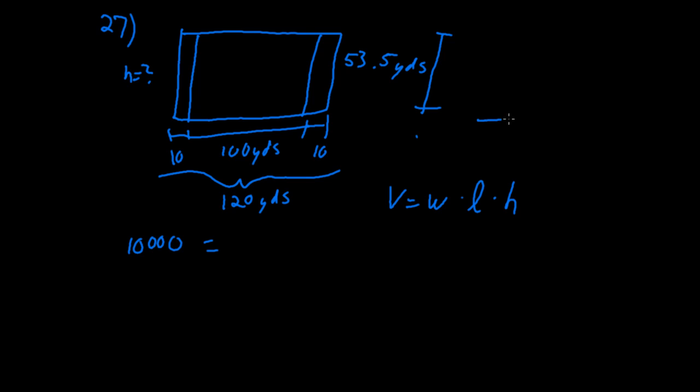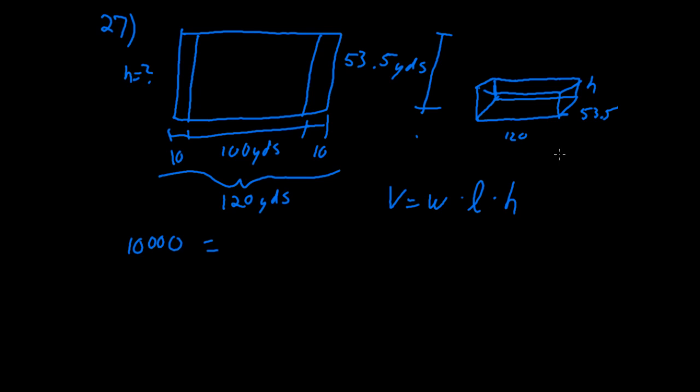because when you think about it, we're going to have this field like this, we're going to have this length right here. You can imagine this 120 yards being this 120, this being the 53.5, and then we have some height to this that would look like this, to where the snow would be piled up on top of, and we're trying to find this h value.